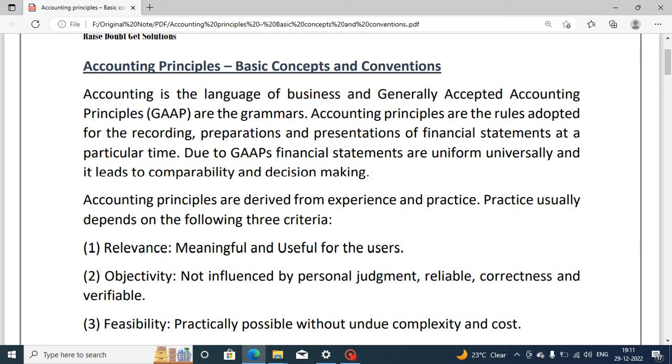IFRS means International Financial Reporting Standards. So our financial statements should be universal in nature, and all the users of accounts around the world can compare and take their decisions according to our financial statements. That's why we have to follow the rules prescribed by GAAP.